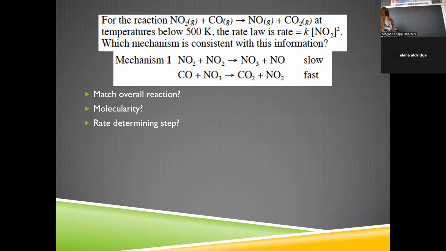But if we were writing K times X times X, can I combine those X's? Yeah, and that would be X squared. So this K times NO2 really is K times NO2 squared. So now I have to go back to the original question, the text of the original question. Is that the rate law we were hoping to find?